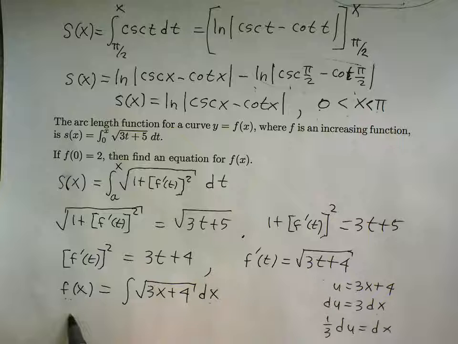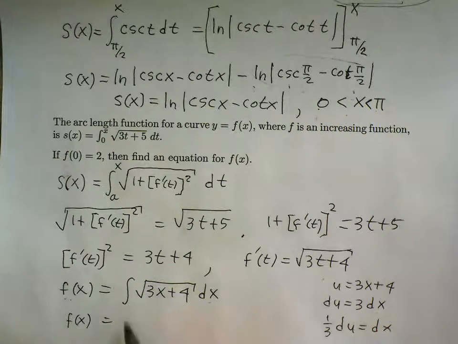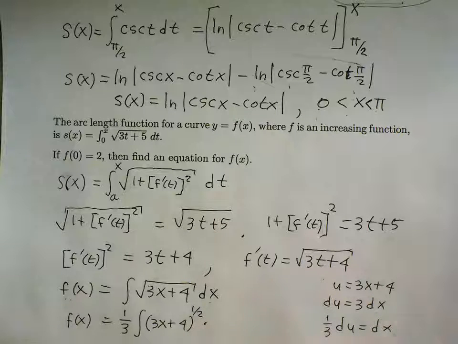So upon making those substitutions, let's just leave it in terms of x. So bring the factor 1/3 out front. And then we have the quantity 3x plus 4 to the 1/2 times the 3 times dx.